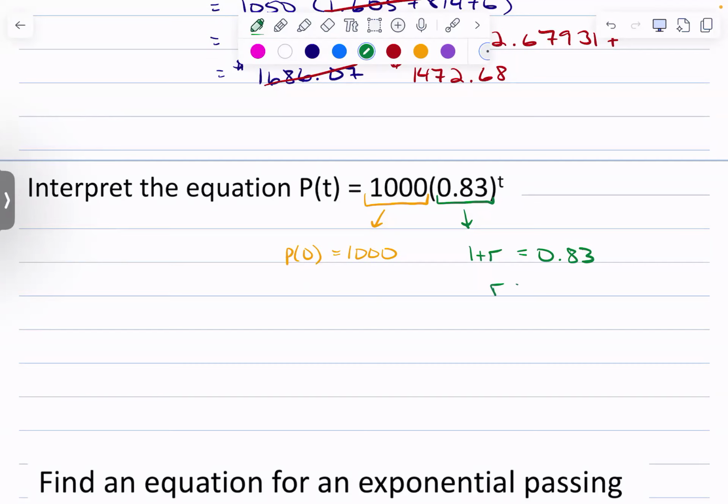Which means that r is minus 1, negative 0.17. Which means that it's decaying at a rate of 17%.